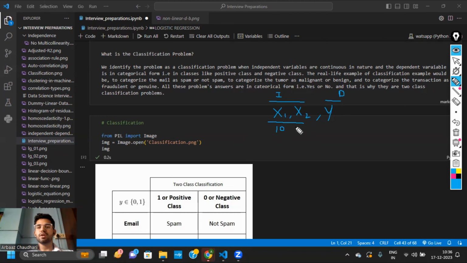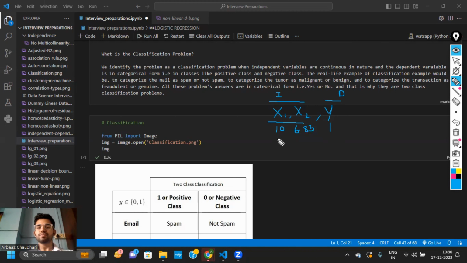CGPA could be in the range of 1 to 10, say 6.83, and here 1 means the student has got placed. So IQ is there, CGPA is given, and whether the student gets the placement or not is written.